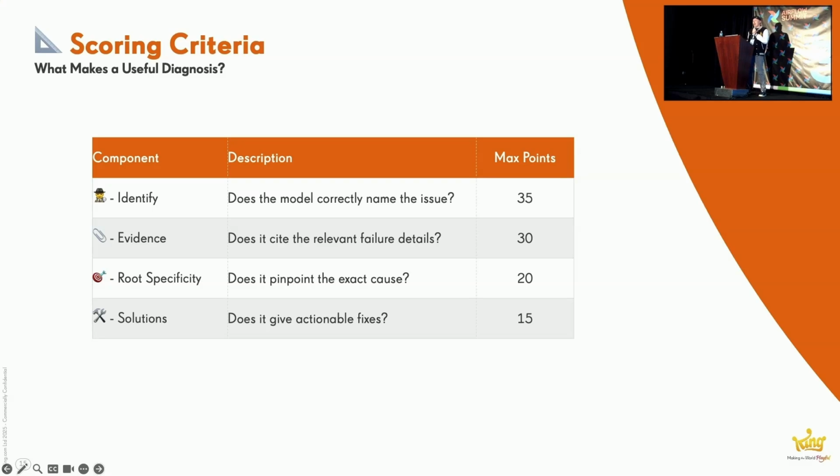Does it back that up with relevant evidence? Can it pinpoint the exact cause, root specificity? And does it give actionable fixes? Hopefully these aren't abstract. They try to reflect what someone coming in to troubleshoot a problem might need, telling them not just what went wrong, but why and maybe what to do next.